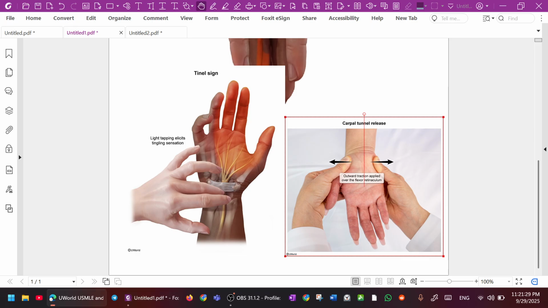This is carpal tunnel release. So this is non-surgical therapy: flexor retinaculum stretching and nerve gliding exercise. We can refer these to physical therapy. And therapeutic ultrasonography and yoga can be done.